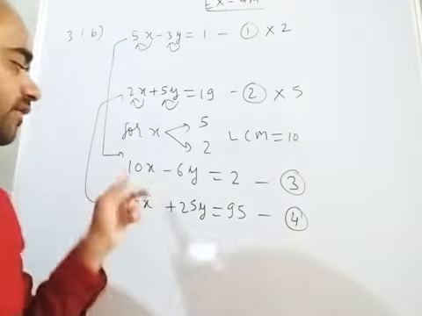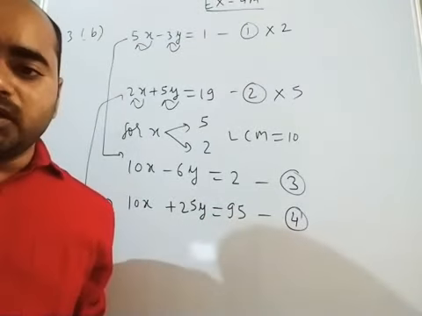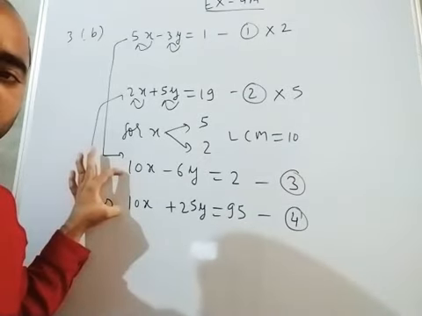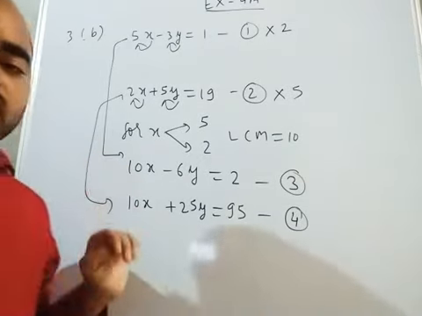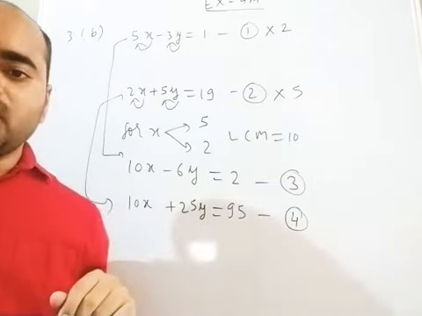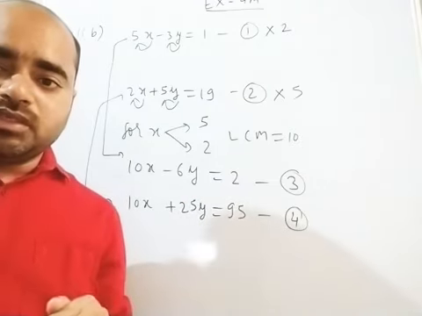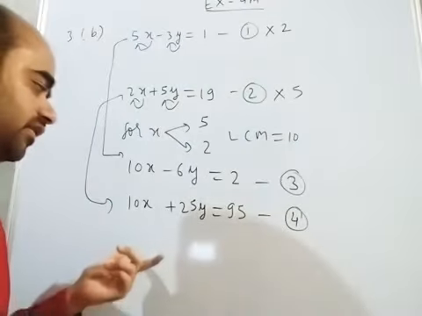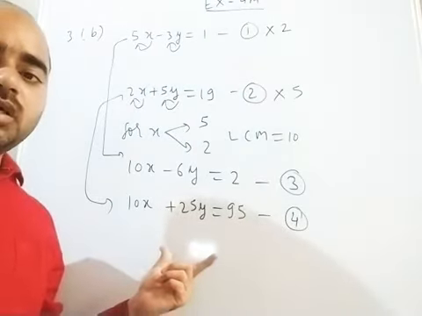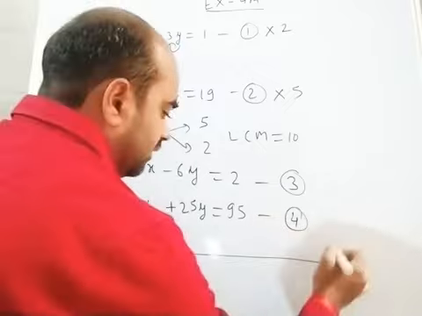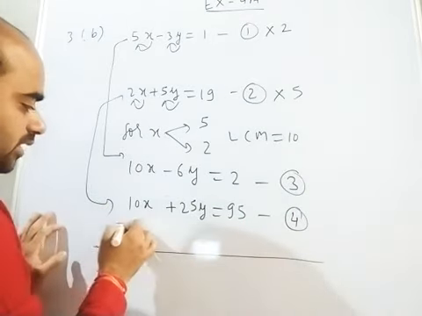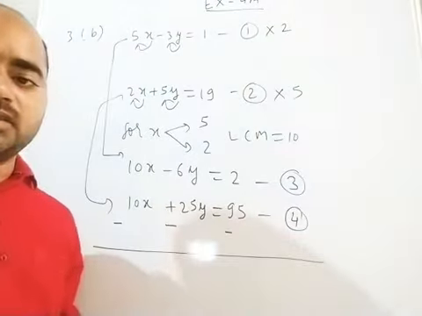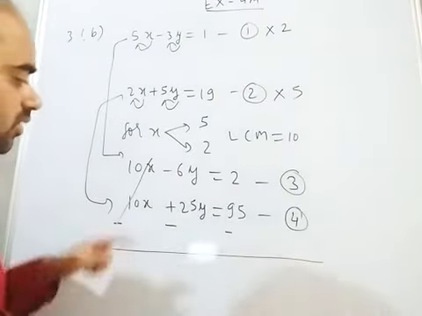Clear? It means after equating the coefficients we have to see the signs. If the signs are same, positive positive or negative negative, then we will subtract both the equations. Now subtract. Whenever you are subtracting, this will become minus, plus this will become minus, this will also become minus. Correct? This is cancelled now.